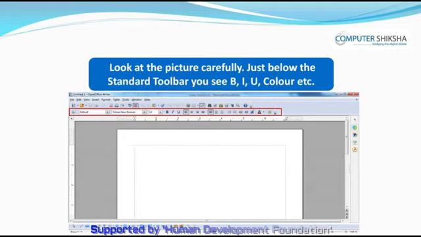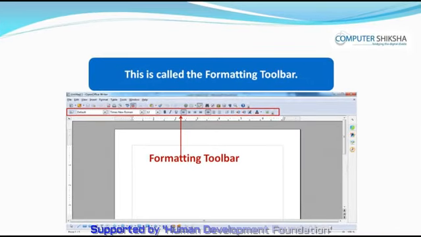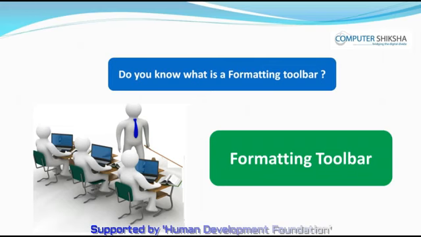Look at this given picture carefully. Just below the standard toolbar, you see B, I, U, color, etc. This is called the formatting toolbar. Do you know what is formatting?